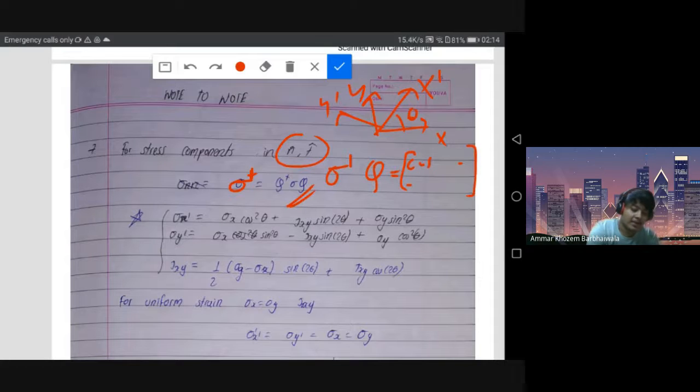After applying it twice on the current sigma, which is the sigma in xy, this sigma prime would be the new sigma in terms of x prime and y prime, with these as its new coordinates. So I can write sigma prime as sigma x prime x prime, sigma y prime x prime, sigma x prime y prime, and sigma y prime y prime.